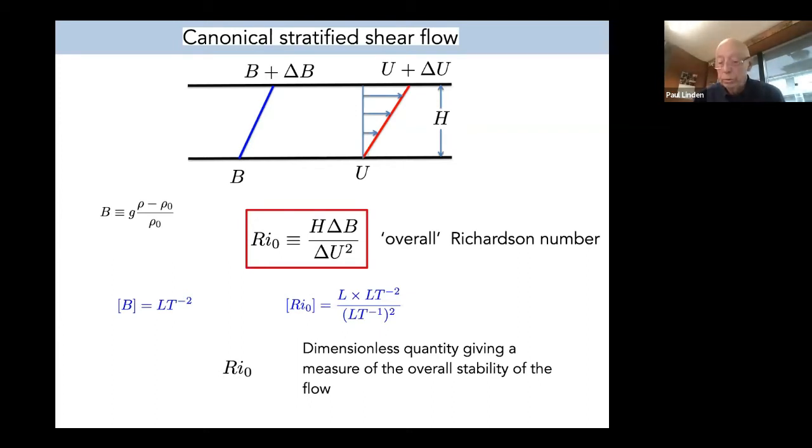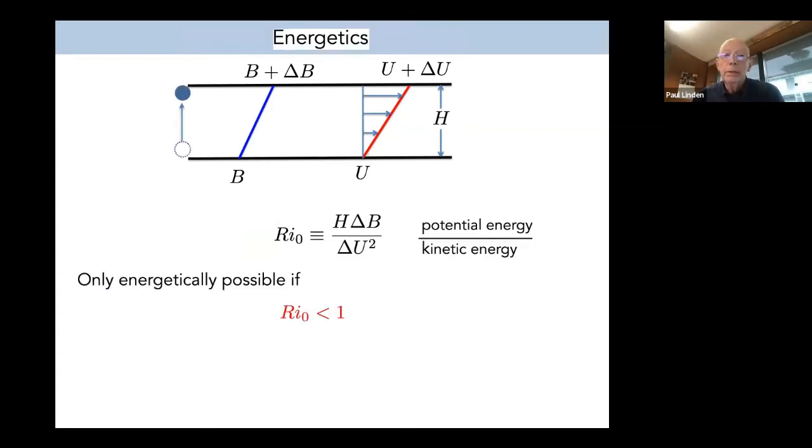And we'll look at that. Let's suppose that in this flow, we take a dense parcel of fluid and move it from the bottom to the top. So we take this circle or sphere of fluid with initial buoyancy B and move it right to the top.